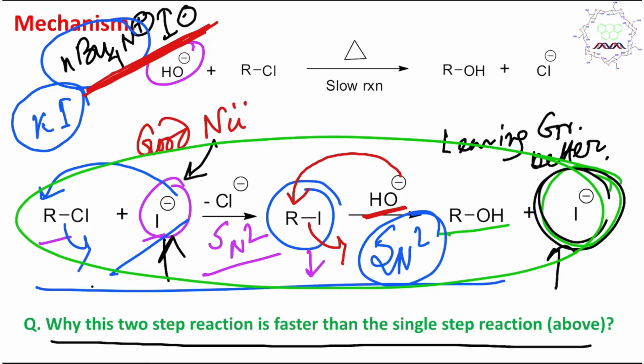This is because, student, the first step is associated with higher energy of activation, but the second reaction, although it is associated with two steps, has less energy of activation, because iodine is a good nucleophile, so it's more reactive. Second, iodine is a good leaving group, that's why it's also more reactive. And overall these two steps became faster compared to this one individual step.